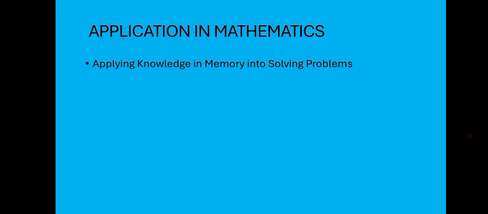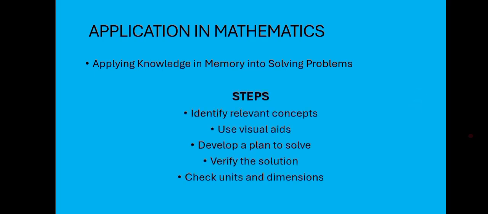So before I show you some questions, let's look at how to address application questions. I think it would be fairer rather to show you how to solve application questions. So these are the steps. You have to first of all identify the relevant concepts, because there's no question where the concept will actually be thrown to you. But I know that once you're preparing for a maths exam and you're practicing, any question that you see, you will be able to identify the concept. Use visual aid.